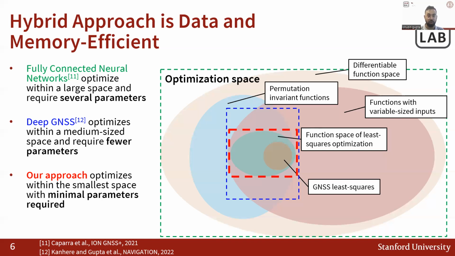And therefore, this approach requires fewer parameters than fully connected neural networks. Compared to both these learning-based approaches, our current approach optimizes within the smallest space, which is the function space of least squares optimization problems, and requires the smallest number of parameters and is the most data and memory efficient.